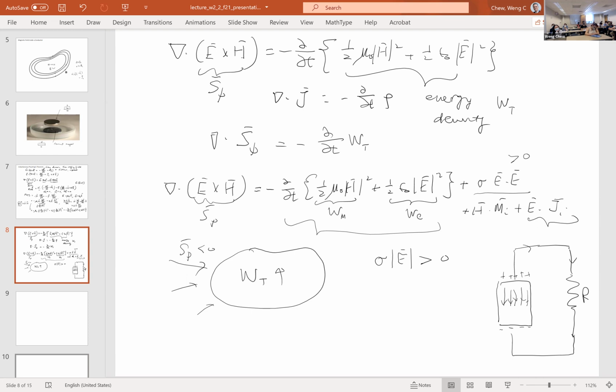Which means that if this current is flowing around and inside the battery, the current and the electric field are actually of opposite sign. So the battery is an energy generator. It is an energy source because E dot J inside the battery would be, I guess, negative, right? Since E and J are opposite in polarity, it becomes a current source, a voltage source, or a power source.